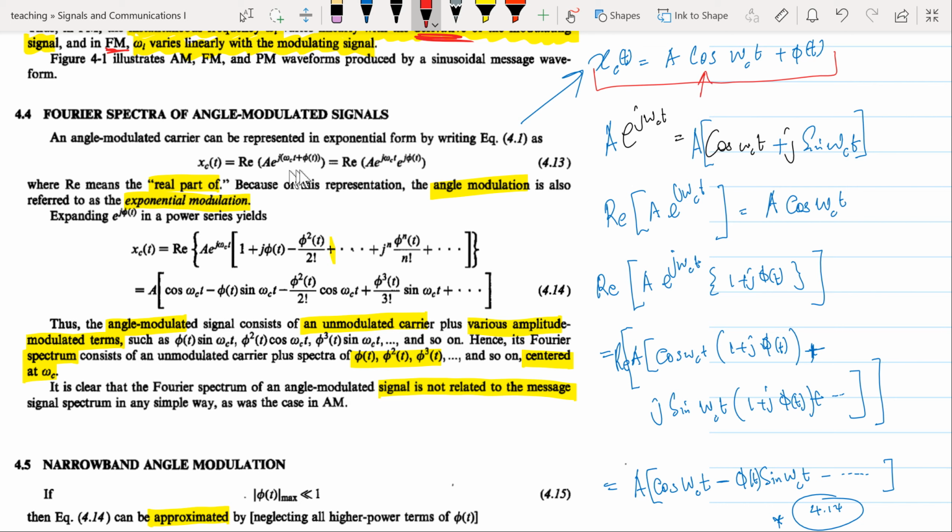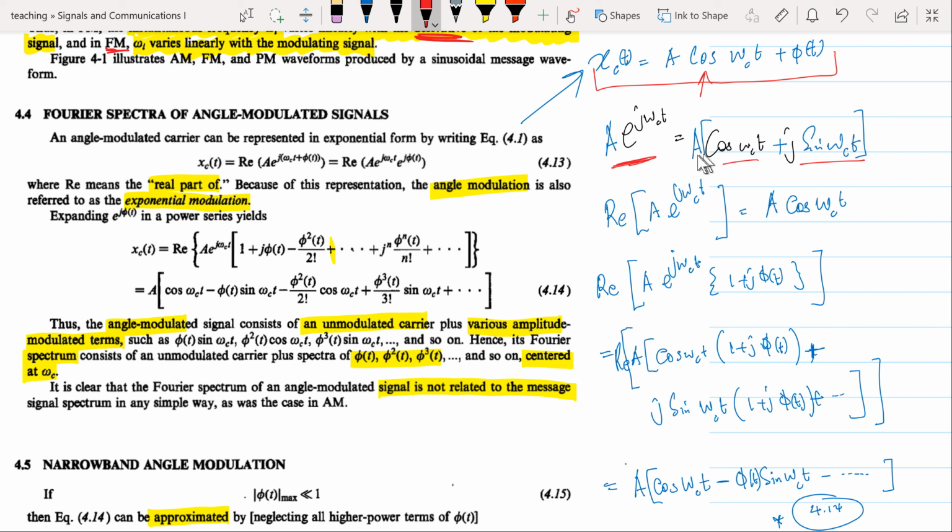Therefore, if we use Euler's formula, e^(j omega c t) breaks down to give you cos, which is the real part, and the sine, which is the imaginary part.